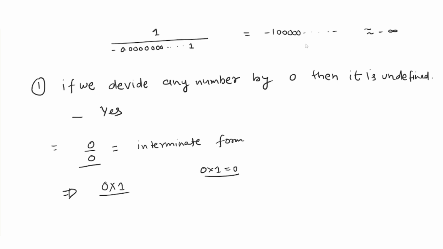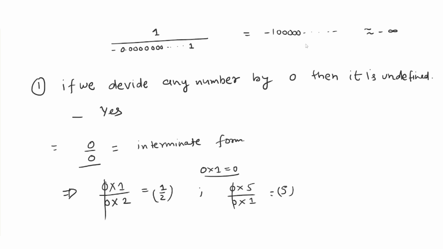And below we can write 0 multiplied by 2. So 0 by 0 cancels, and this is 1 by 2. Another example: 0 multiplied by 5 divided by 0 multiplied by 1. This cancels, and this is 5. So it can take any real value. But if the conditions are given, then we can find out its value.